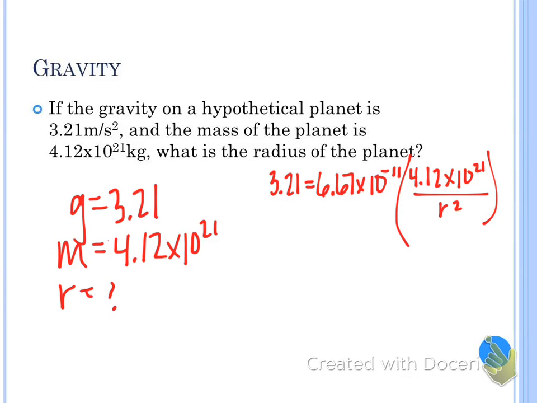So algebraically, the first thing I usually do would be to move g over, divide g to the other side. There's lots of different ways you can do the algebra. I do that first. I know it's probably not the most efficient, but that's what I do.